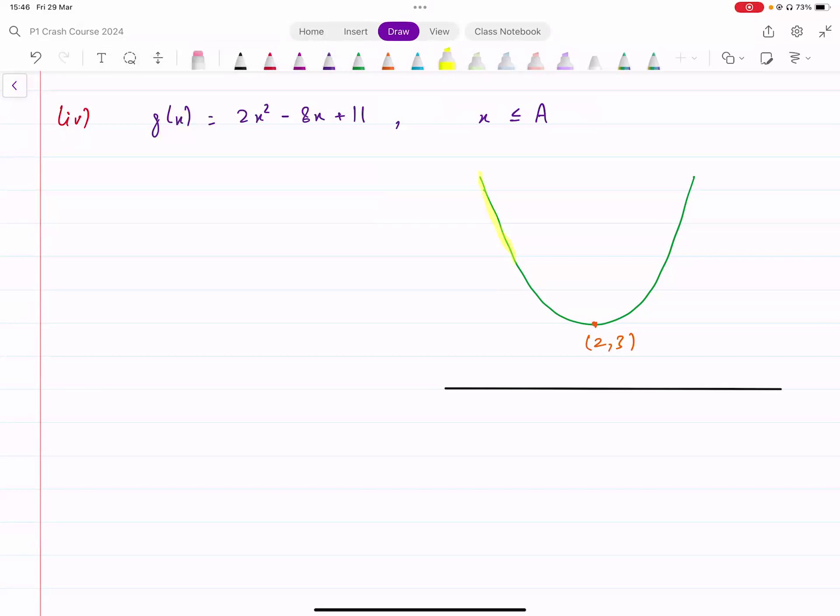If a was, let's say, here, it is still a one-to-one function. Until this point, it's a one-to-one function. We can go a bit further. If a was here, it's still one-to-one. If a was here, it's still one-to-one. We can keep going on until we reach this turning point.